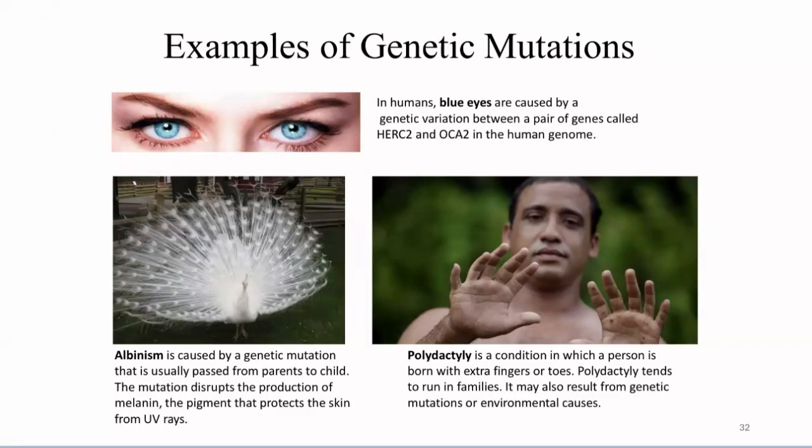Lastly, polydactyly is a condition in which a person is born with extra fingers, or it could also be extra toes. You can see in this image that this man actually has 6 fingers on each hand. Understand that polydactyly may also result from genetic mutations or environmental causes, but it is important to note that regardless, it is a genetic mutation.